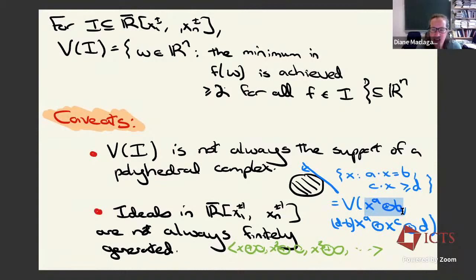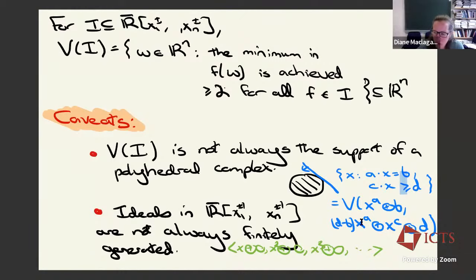That x to the a is x1 to the a1 tropical times x2 to the a2, etc. That's just a dot x. So this is really the minimum of a dot x and b, which has to be achieved at least twice. In other words, we have to have a dot x equals b. So if you're in the variety of this equation, you have to have a dot x equals b.